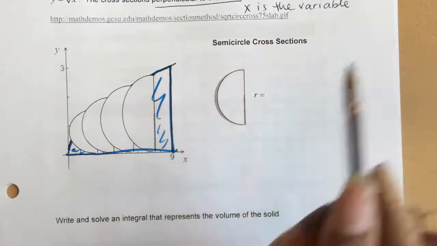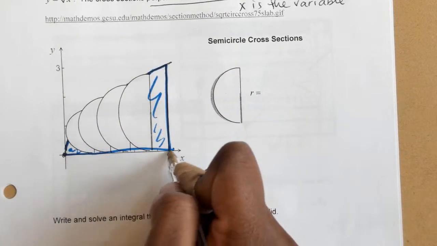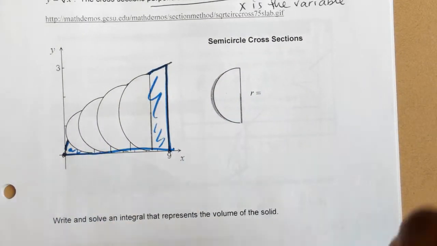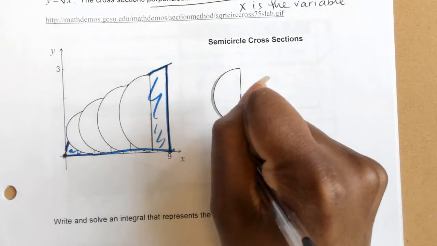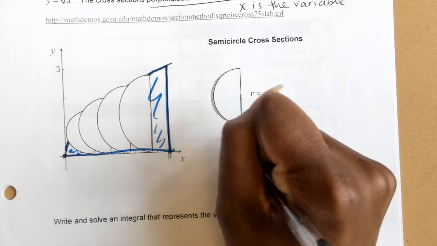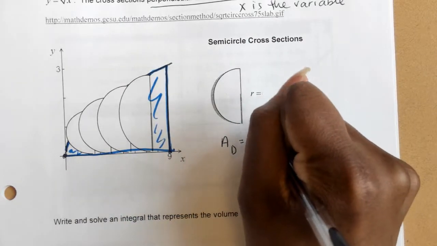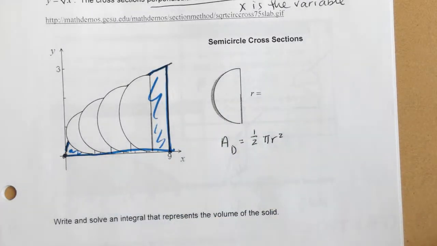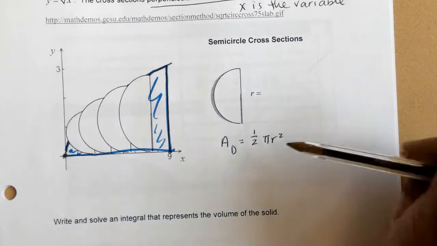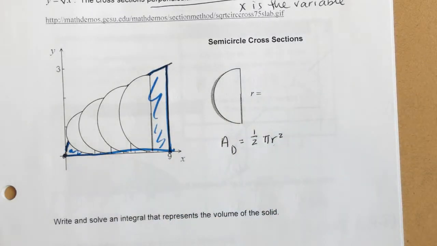So since x is our variable, we're going from 0 to 9. And to find the area of a semicircle, I'm actually going to write that first. The area of a semicircle is equal to 1/2 pi r squared, right? So we need to find r.